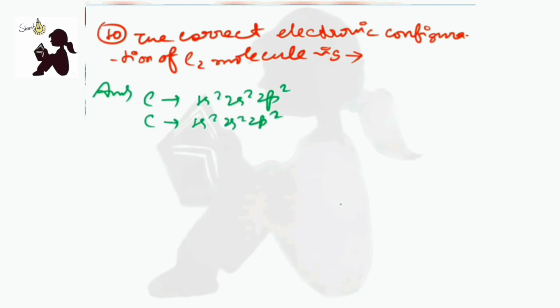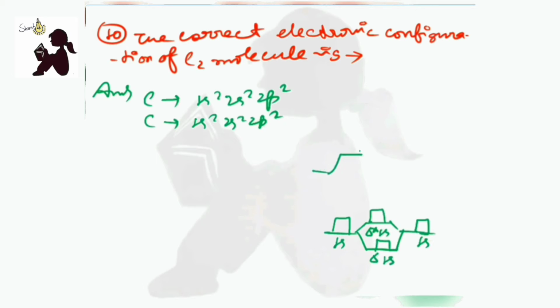That's how we're going to write it. So let's draw the molecular orbital here. It's 1s, sigma star 1s, and sigma 1s.